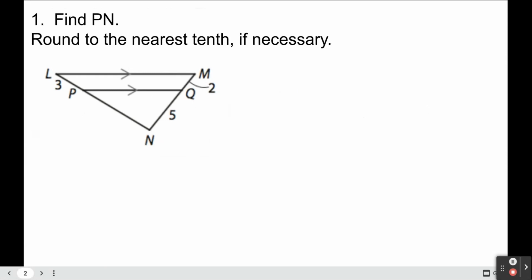Let's look at example number 1. We're asked to find PN. So PN is this part of the side of the triangle. We notice that we have a line that is parallel to the side of the triangle. So that means that these sides are divided proportionally. So we can set up our proportion to solve.